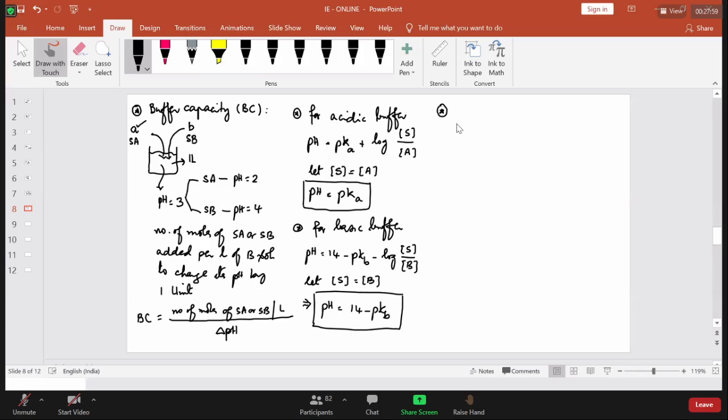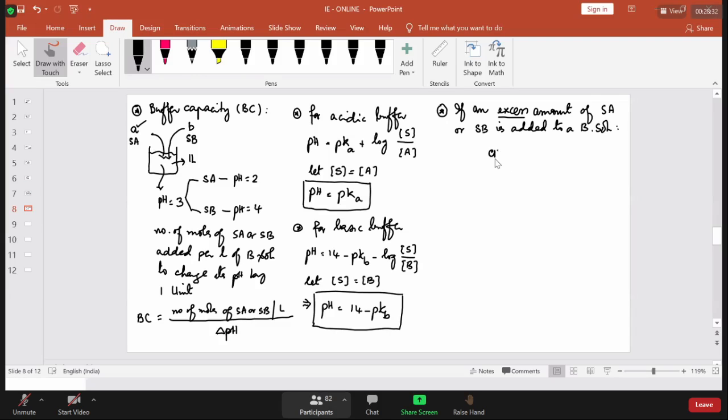Come on, if an excess amount, excess meaning beyond buffer capacity, of strong acid or strong base is added to a buffer solution, then what happens? Consider an acetic buffer.